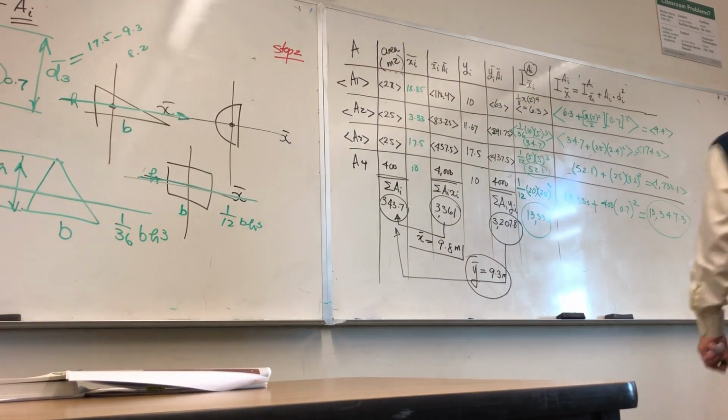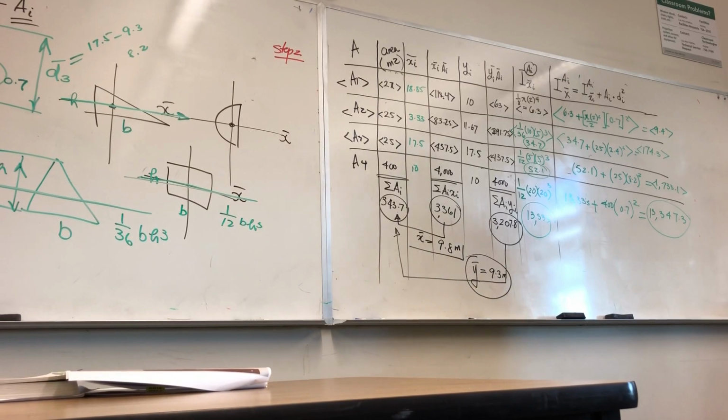Okay, a lot of work. Well, you have to hire an accountant to keep track of all these for you, right? So now you're done. You said moment of inertia of an area with respect to any axis is the sum of the moment of inertias of each subdivision, right?